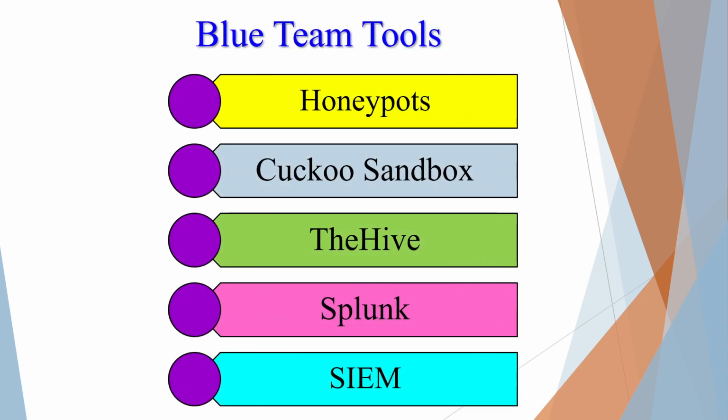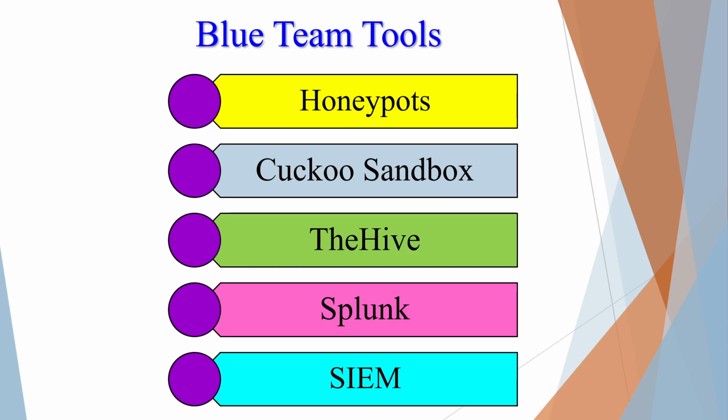Now let's have a look at Blue Team tools. Blue Team uses several tools like honeypots. A honeypot is a controlled and safe environment for showing how attackers work and examine different types of threats. Cuckoo Sandbox is an open source tool that can be used to automatically analyze malware. The next is The Hive. The Hive is commonly used for digital forensics, incident response, or intrusion detection.